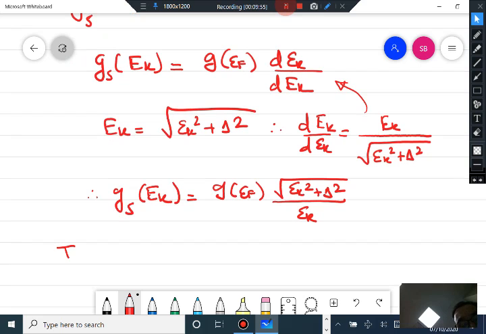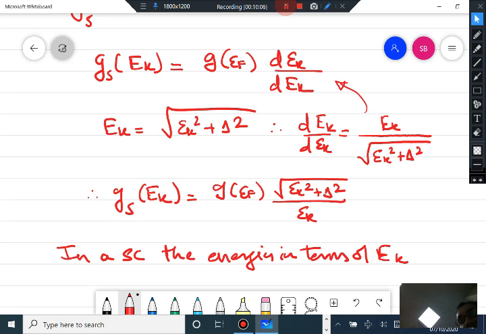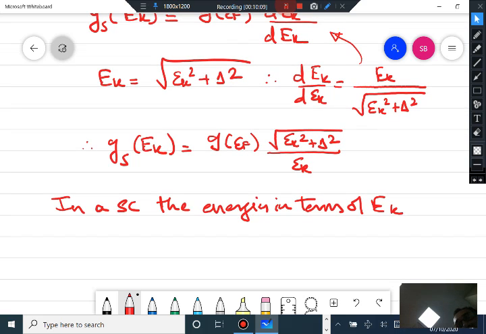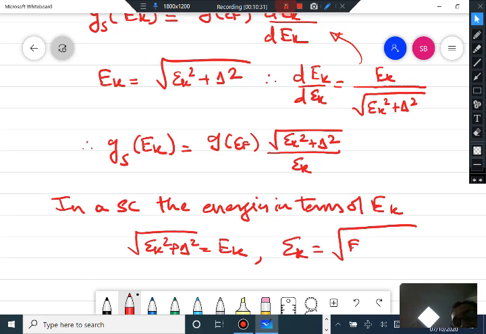But inside a superconductor, the energies are in terms of capital Ek, rather than measuring energies in terms of small ek, which is the energy of a free electron measured with respect to the Fermi energy. You measure the energies in terms of capital Ek, so we can convert this and write it in terms of capital Ek. So square root of ek square plus delta square is capital Ek, and small ek is nothing else but square root of Ek square minus delta square.